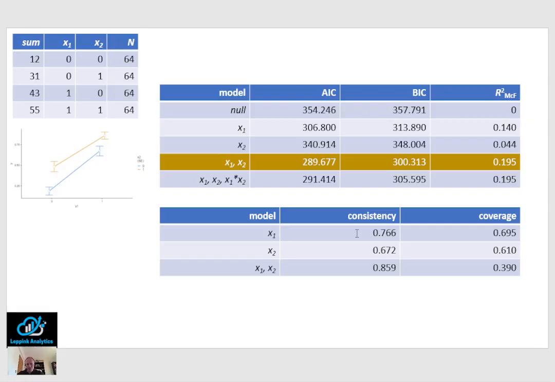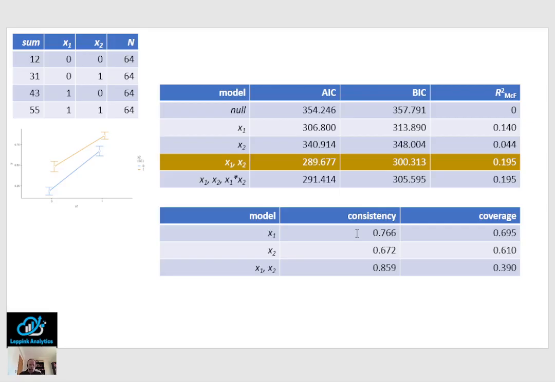So that means that we have 98 divided by 128, and that's the 0.766 consistency, which means that in just over 3/4 of the cases where a participant receives x1, there is a success. Still, 23.4% exception. They don't result in a success, so quite some exceptions to the rule.